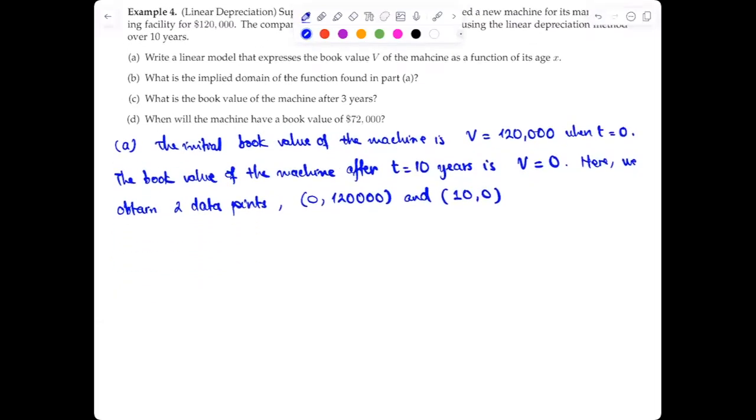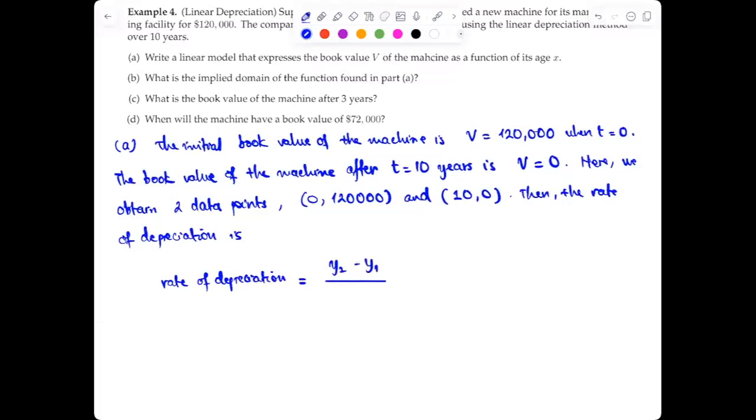Okay. So similar to the last example, we want to calculate the rate of depreciation. Then the rate of depreciation is equal to y2 minus y1 over x2 minus x1.